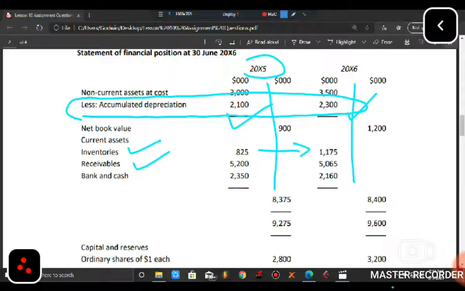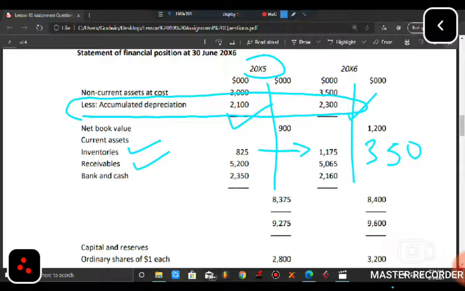You'd find out that our opening was 825 and our closing was 1175. Was there an increase or decrease in inventory? You find out that there was an increase, and you just find the difference between the two, an increase of 350.